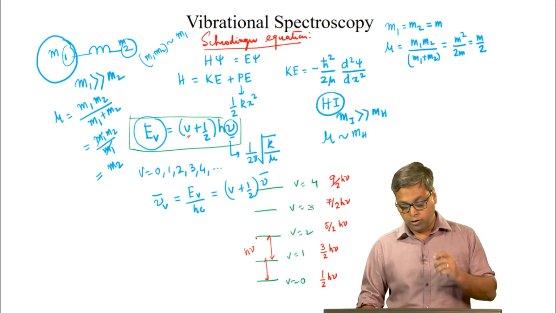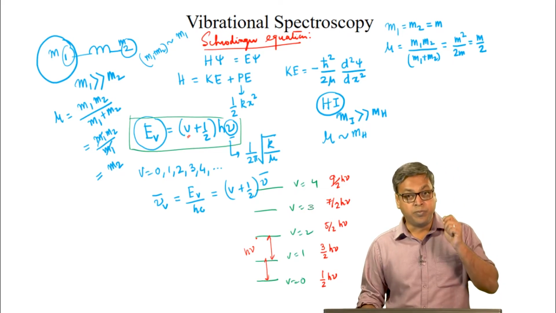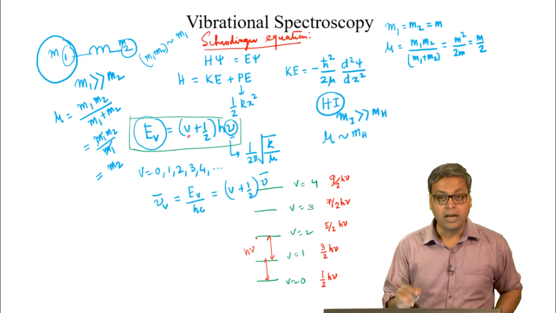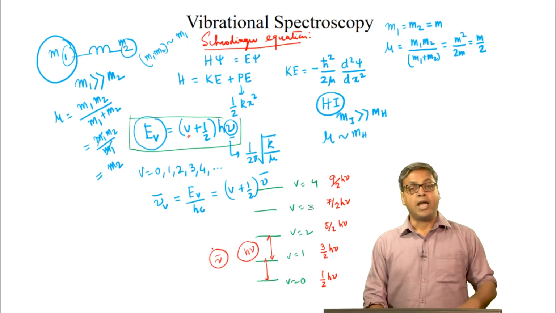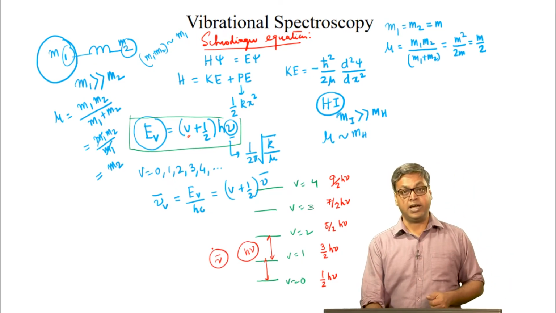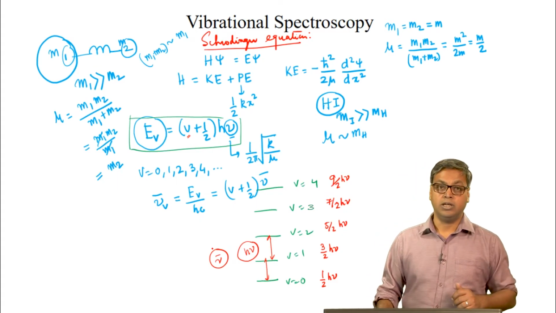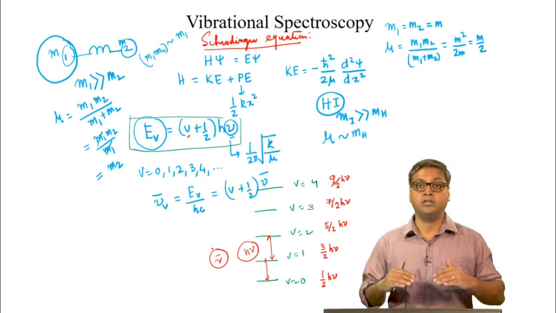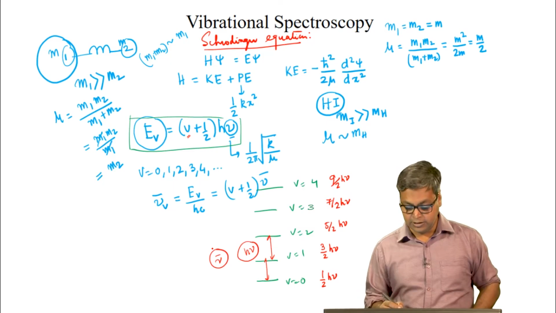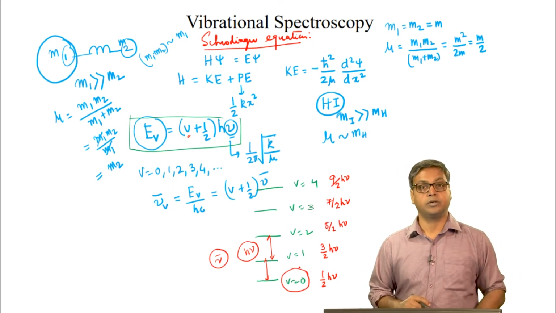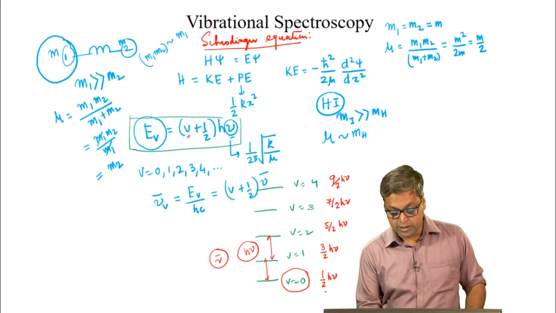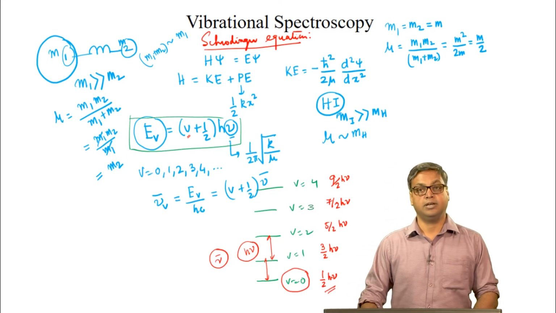So, I want to mention it again that the spacing between the energy levels is given by h nu or nu bar. Another interesting point to note is that when the molecule is in the lowest vibrational energy state, that is, when the molecule is at V equals 0, then the energy is half h nu.